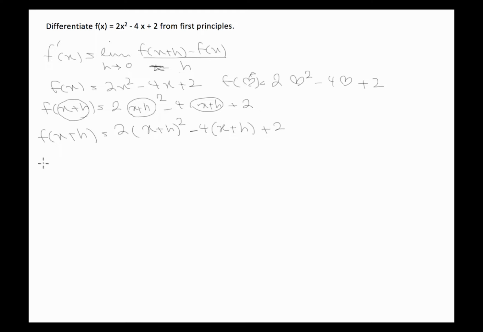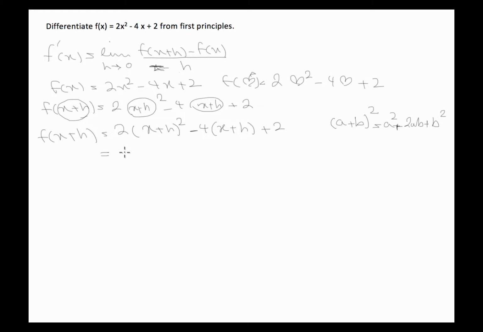Now it's probably better practice to simplify and expand this as much as possible. So (x plus h) squared is in the format (a plus b) squared. And we know that that formula expands to a squared plus 2ab plus b squared.